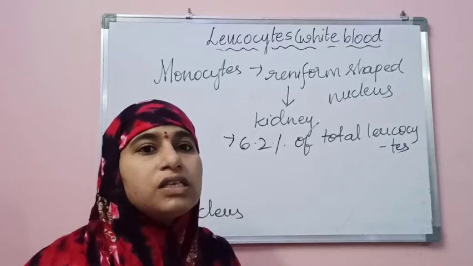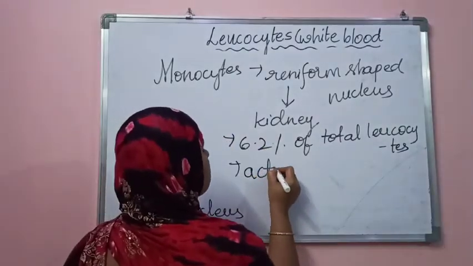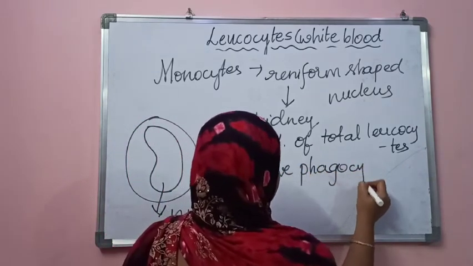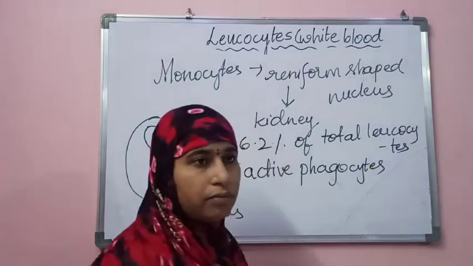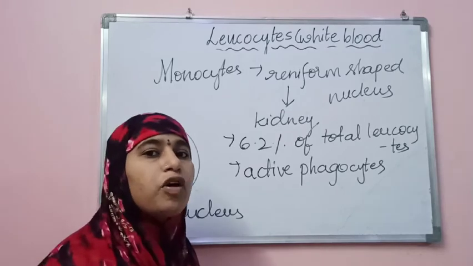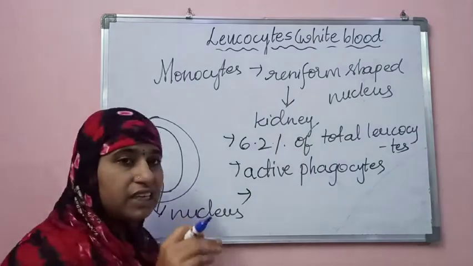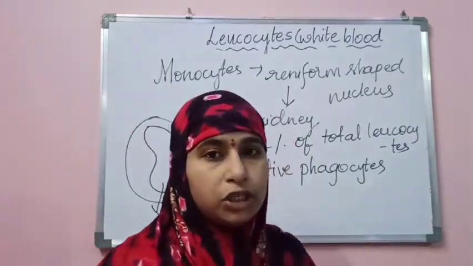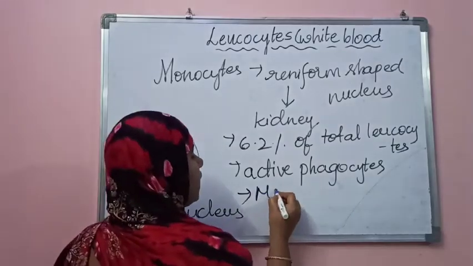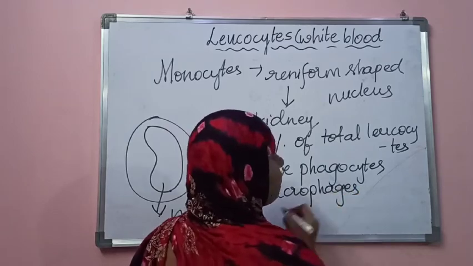What is the function of the monocytes? These are active phagocytes. They are helpful in killing harmful microbes. They wander in the blood and help in killing the foreign substances that enter our body. And when these monocytes enter the connective tissue, they differentiate into macrophages.